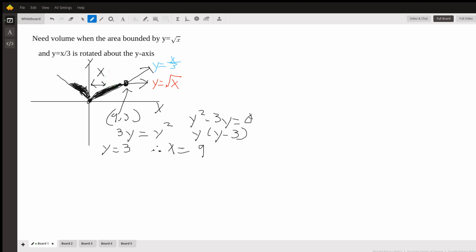Now the height is going to be the top minus the bottom. So the h is going to be the square root of x minus x over 3.